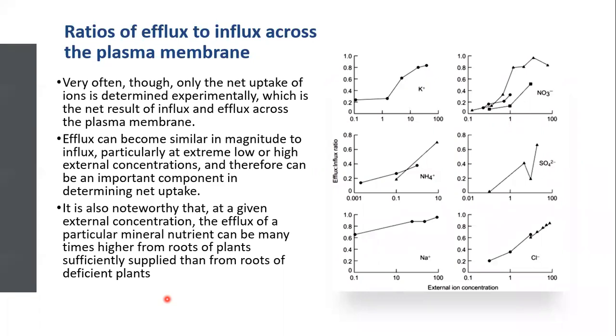So the movement of ions is dependent on various factors, for example, as I mentioned earlier, the type of charge, the external concentration, and the type of ions, whether cations or anions. And of course, there are also other factors like the proton concentration outside and the efficiency of proton pumps. If the proton pumps are not efficient, then the movement of these ions will also be affected.